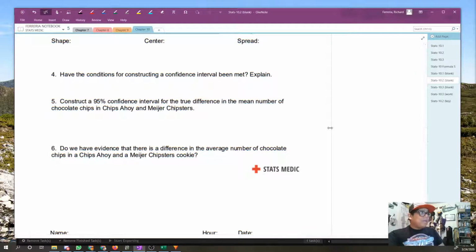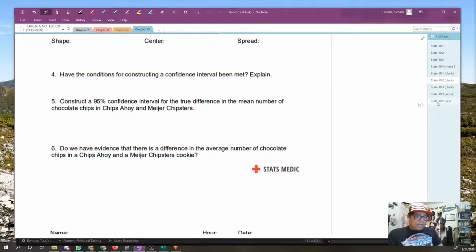Next, do we have evidence that there is a difference in the average number of chocolate chip cookies in a Chips Ahoy and a Myers Chipsters? No, we're actually using a Kroger Chipsmate. So is there an actual difference? Well, I don't know. I calculated a point estimate plus or minus margin of error.